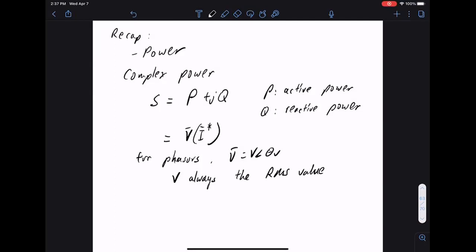It is always the RMS voltage, otherwise the power will not work out correctly. You divide by this √2. It turns out this √2 also works out correctly when you talk about power as VI conjugate. So remember, the magnitudes of all the phasors are RMS values.